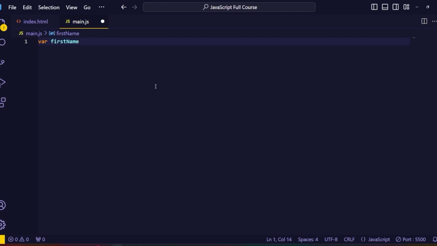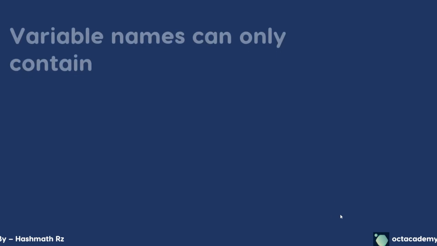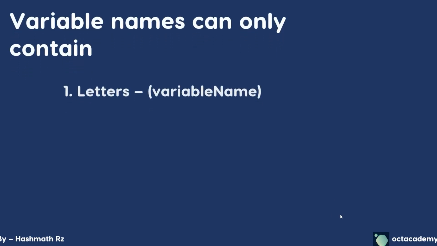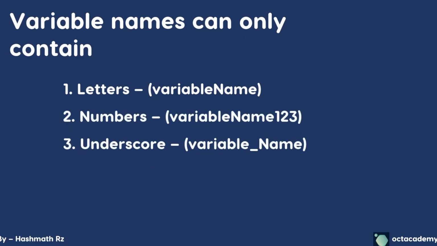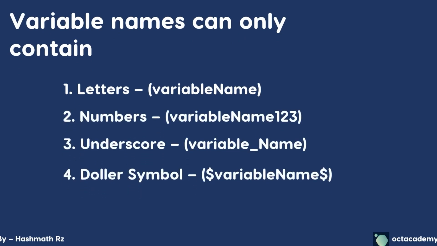This variable name can be any name, but there are some rules and best practices in JavaScript when declaring variables. One important rule is that variable names can only contain letters, numbers, underscores, and dollar signs. They cannot contain spaces, and the first character must be a letter, underscore, or the dollar sign.